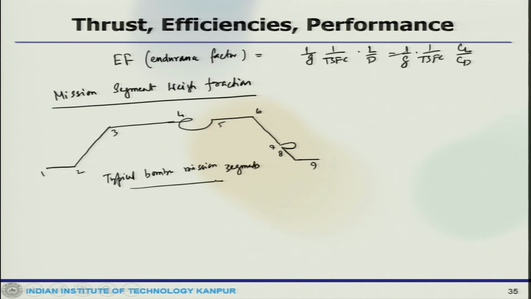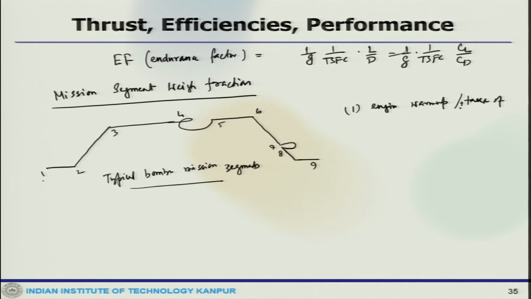Okay. So, mission segment weight fraction, which is the various mission segments or legs are numbered, which this 1 is the start of the mission, and this means 1 is essentially the engine warm up and take off.